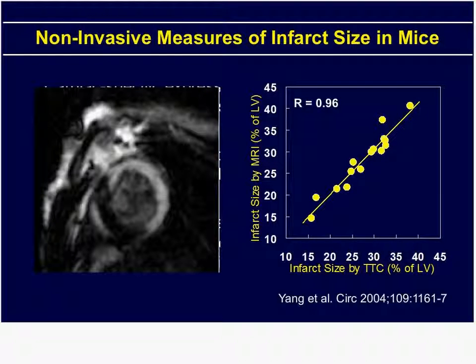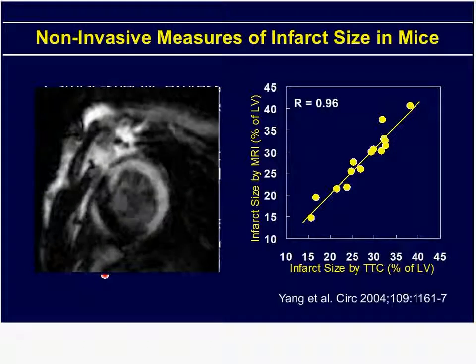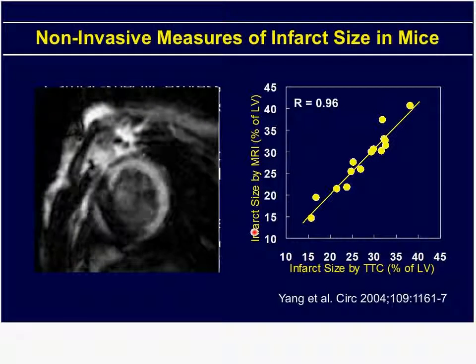So now to the subject of non-invasively measuring infarct size in mice. In this study, we've got the advantage of having a high-field MRI scanner available to us, and many years of experience in using late gadolinium enhanced imaging to accurately measure infarct size in mice.